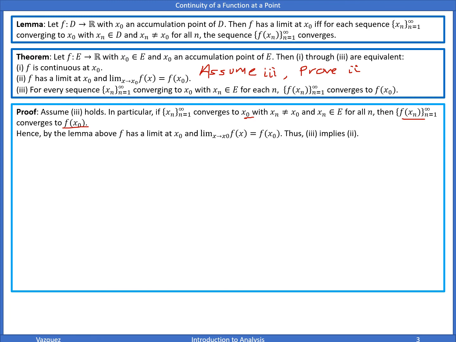Therefore, 3 implies 2. So we basically just use the lemma to show that 3 implies 2. And like I said, as the sequence x sub n gets closer and closer to x naught, then on the y-axis, f of xn gets closer and closer to f of x naught.